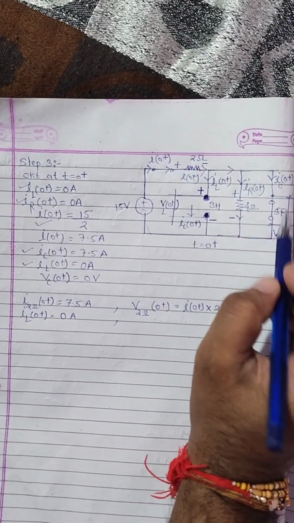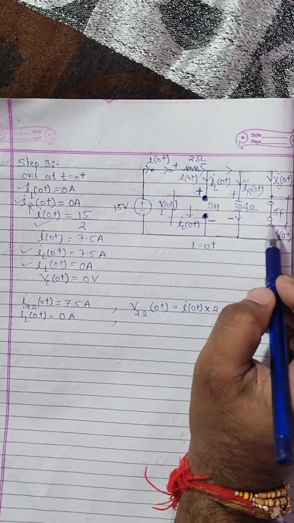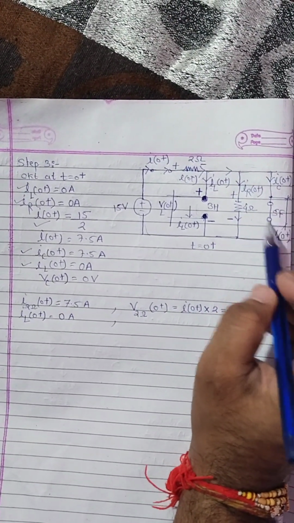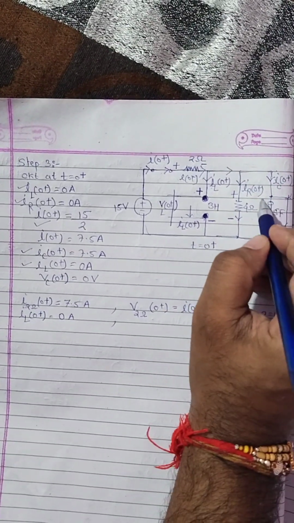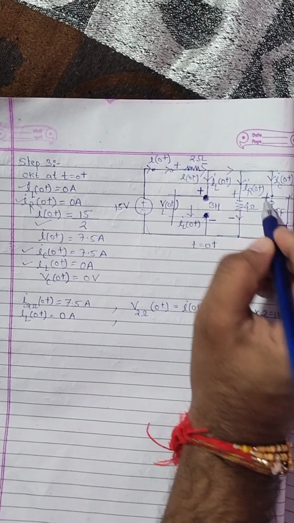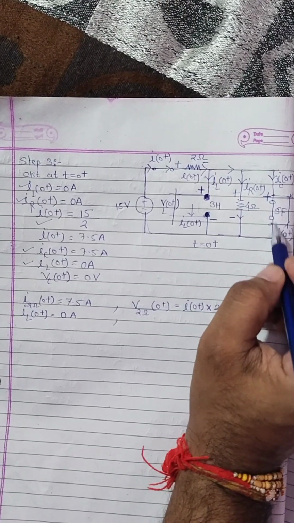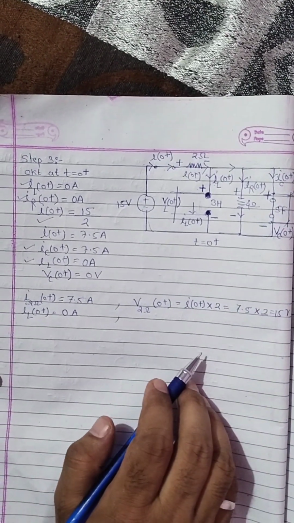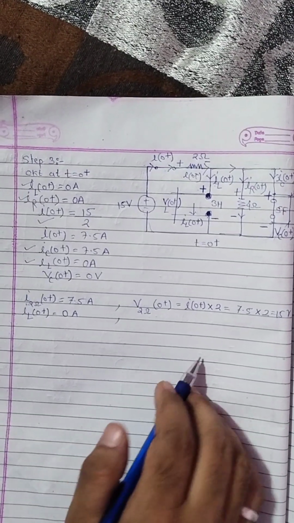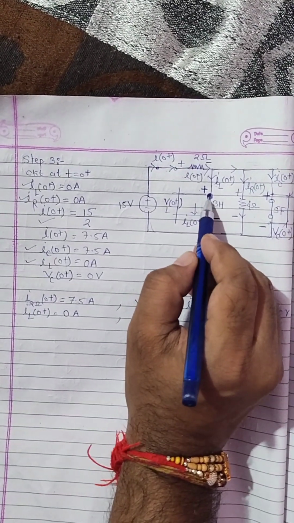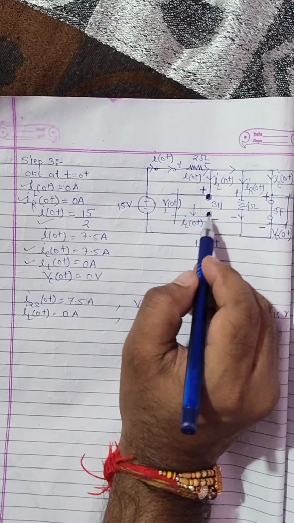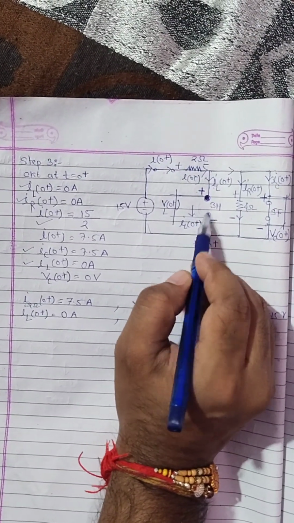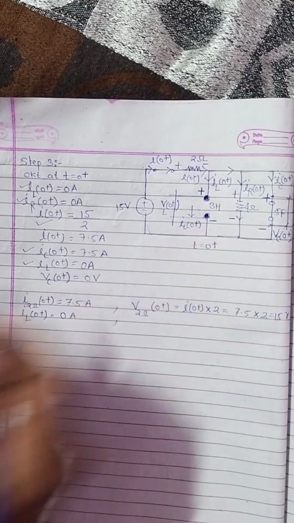Physically there is a capacitor, but at t equals 0+ the capacitor acts as a short circuit. Current enters into this capacitor, so this will be plus, and current exits from this capacitor, so this is minus. So to use the concept of starting point and finishing point, we need the polarity at this terminal, and this polarity can be obtained from the direction of this current.